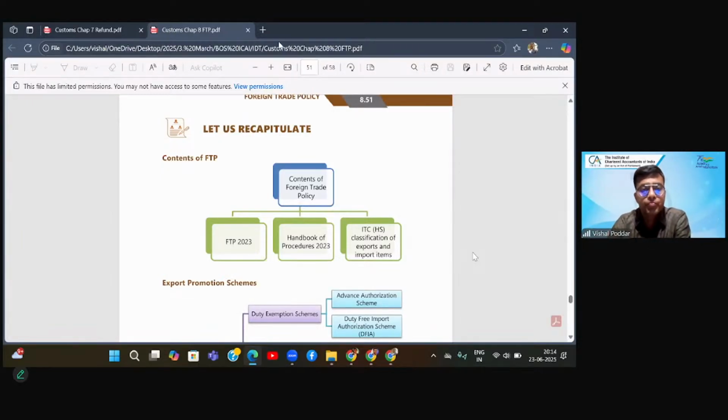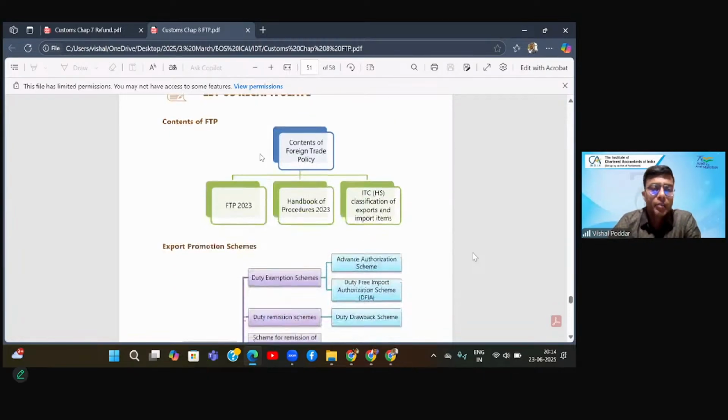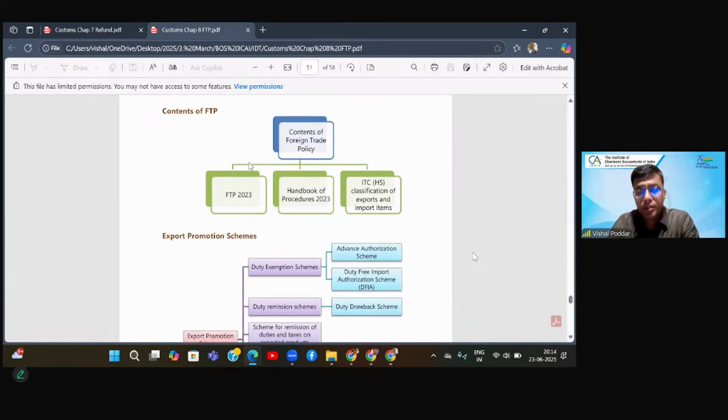Now, the next chapter, or you can say the last chapter in this customs syllabus, FTP. FTP is foreign trade policy. Now, first is what all things are covered in foreign trade policy. That is what is the content of foreign trade policy.